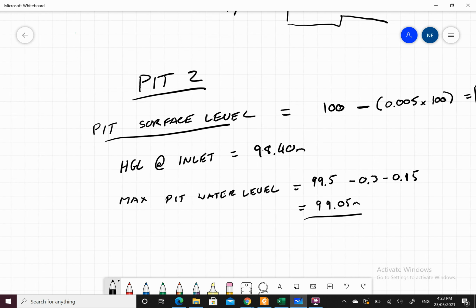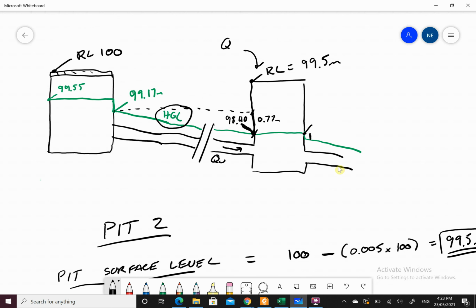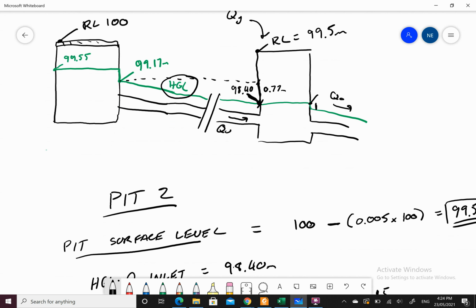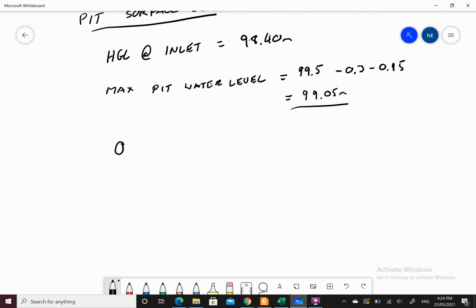Now, looking at pit 2, I have QU, I have QG, and I have Q out. QU is equal to the Q out from here. QG is equal to the calculations from the example. Q out is them added together. So my upstream Q is equal to 15.2 liters per second.